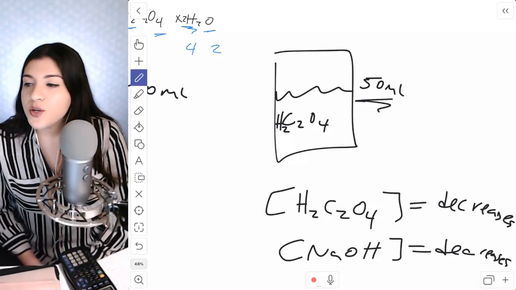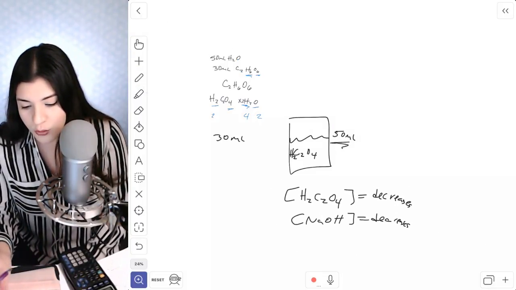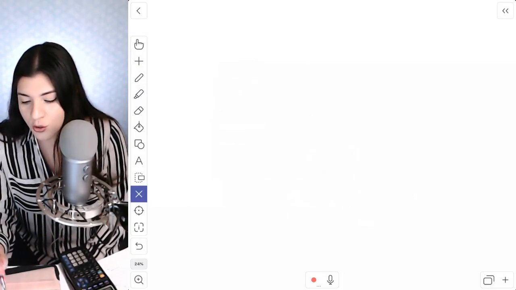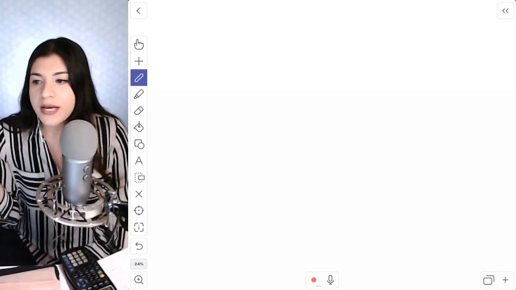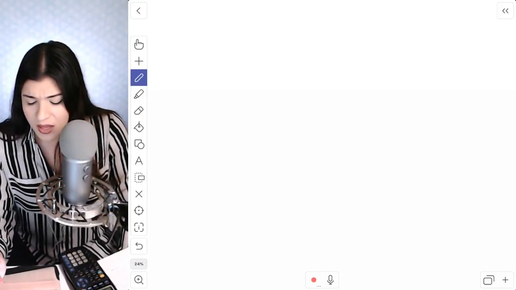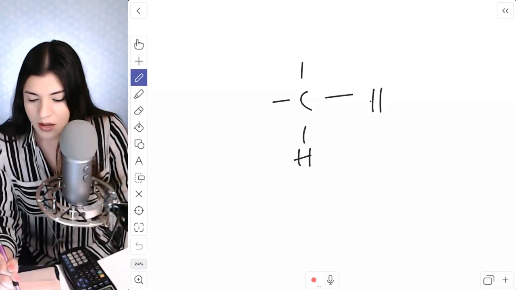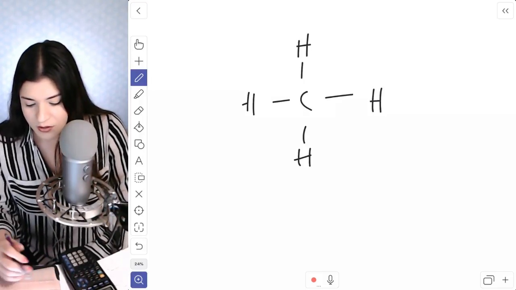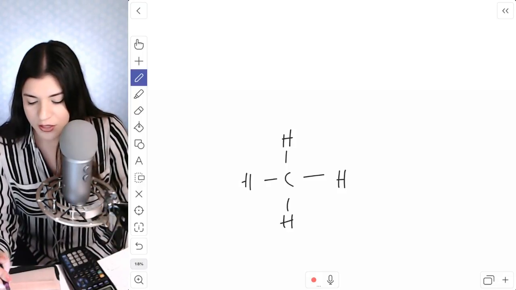Last question from Donna. Can you clarify how to determine the hybridization of a central atom? Absolutely. What you're looking for with hybridization is the electron geometry of that central atom. So let's say I'm going to put a bunch of these to help you understand. Here, that's tetrahedral.